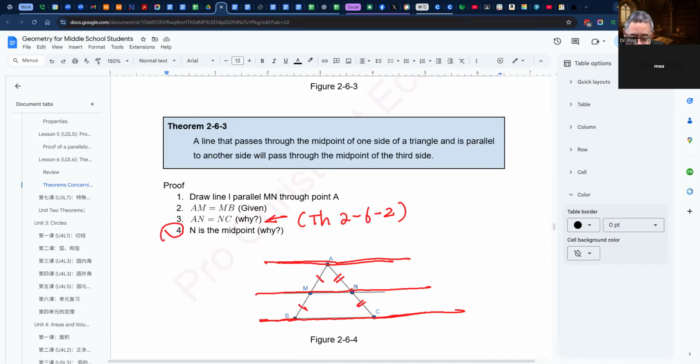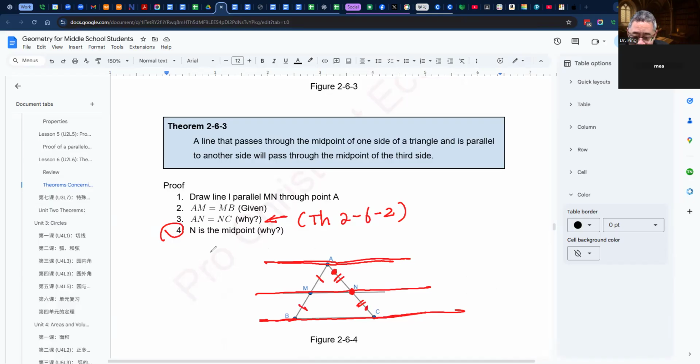N is the midpoint. Why is that? Well, N is definitely between A and C, but N could be here or here.